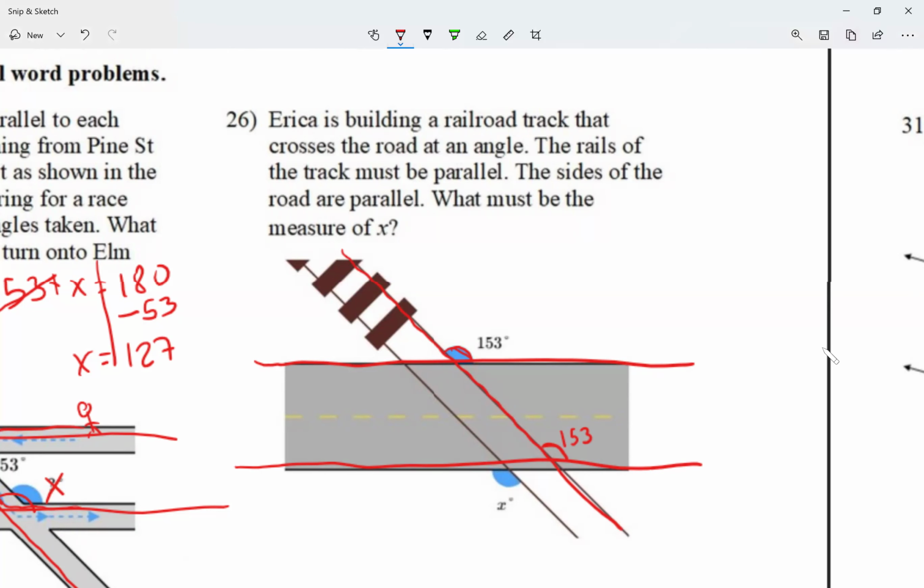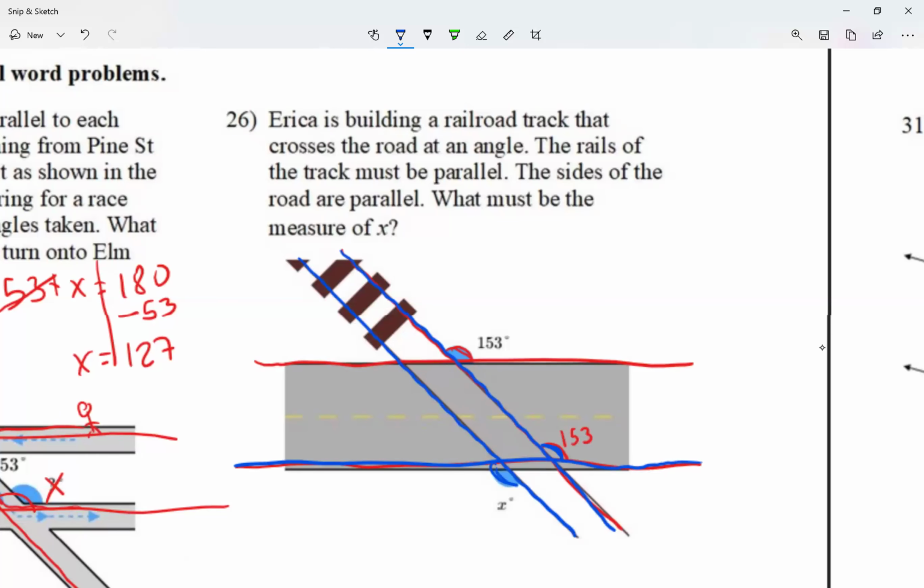Then I'm going to change to blue here. I'm looking at this right here. I see my two parallel lines. You guys see I'm coloring it with blue. And I went off the line first. I'm going to go off the line here. Let's assume that's straight. I'm comparing 153 with this angle.